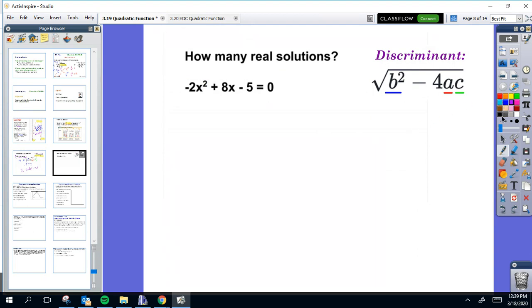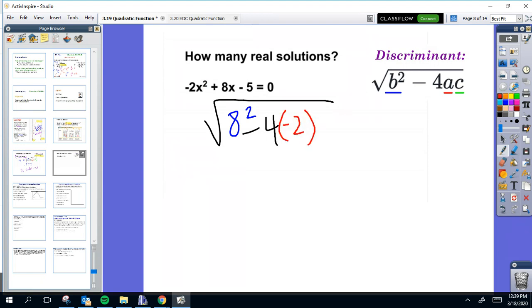For this one over here, I'm going to plug this in. Square root of b squared, 8 squared minus 4 times a, which is negative 2, and then times c, which is negative 5. Plug this into your calculator.